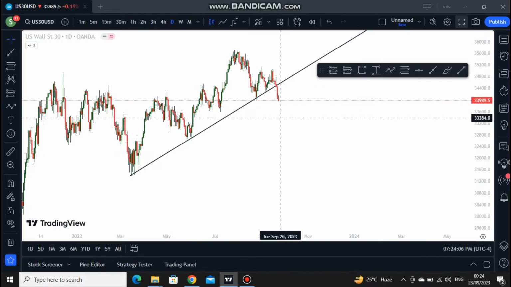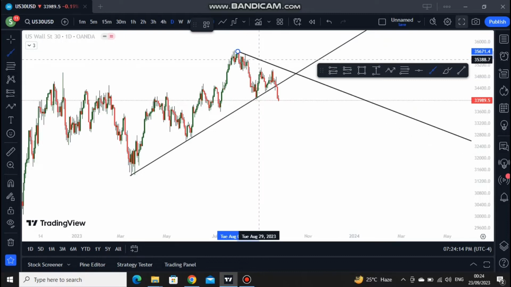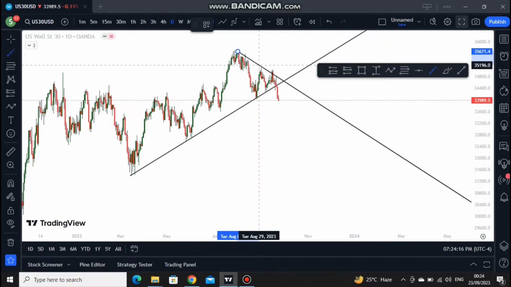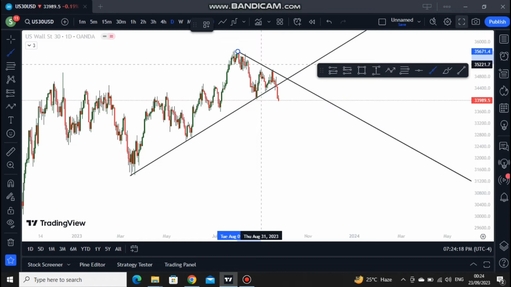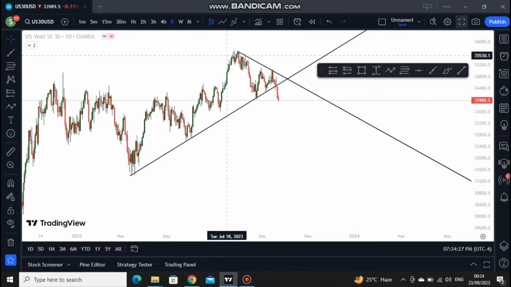And there's another trend line running here. But I don't really use trend lines like that. I'm just showing you this in case you want to use trend lines to add to your confluence. But I don't really use it. I only use support and resistance.